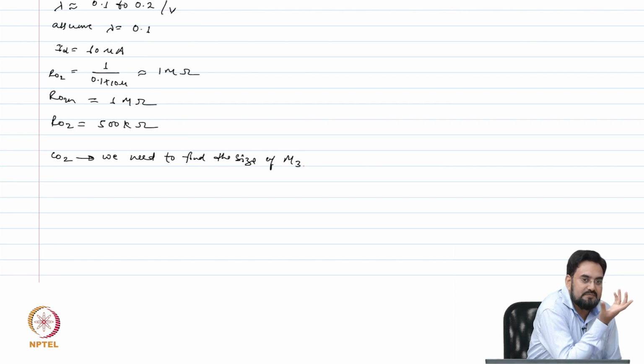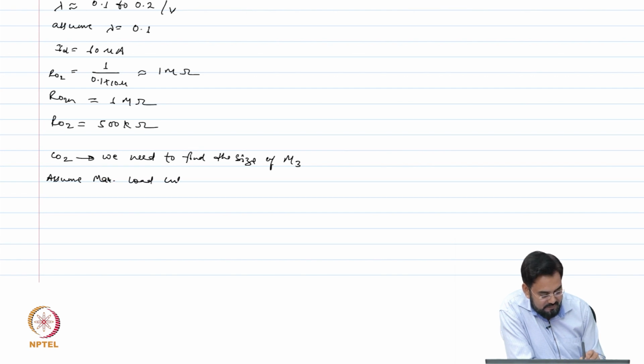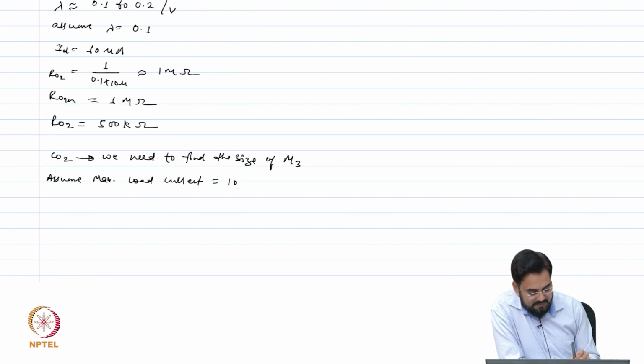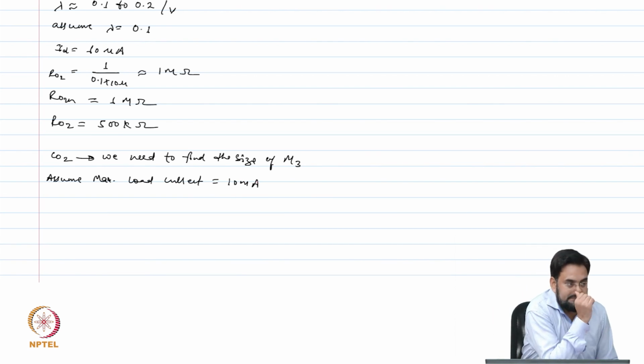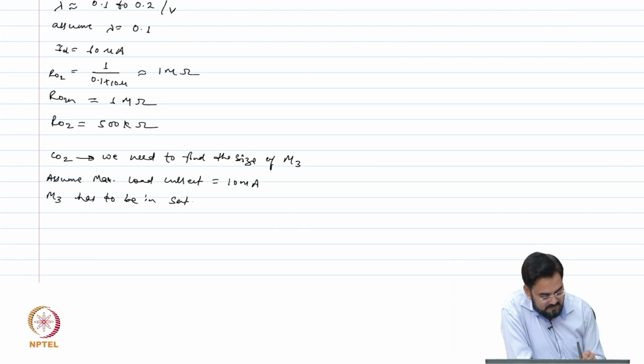So first you need to see what current you are designing for. Okay, so assume max load current equal to, let us say 10 milliamp, and M3 has to be in saturation.